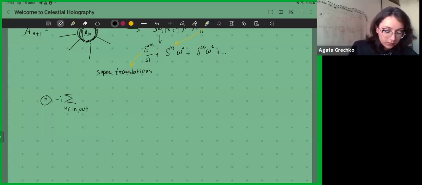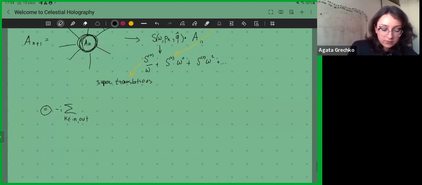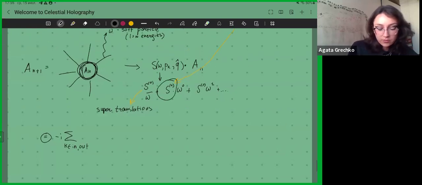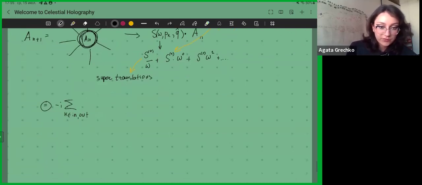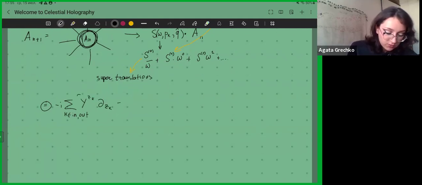Here we sum over in and out particles of our process. This is just the fact of how we write down this subleading soft factor. And what we get is the following combination of our generating functions, right? Generating functions of super rotations, the Y's.